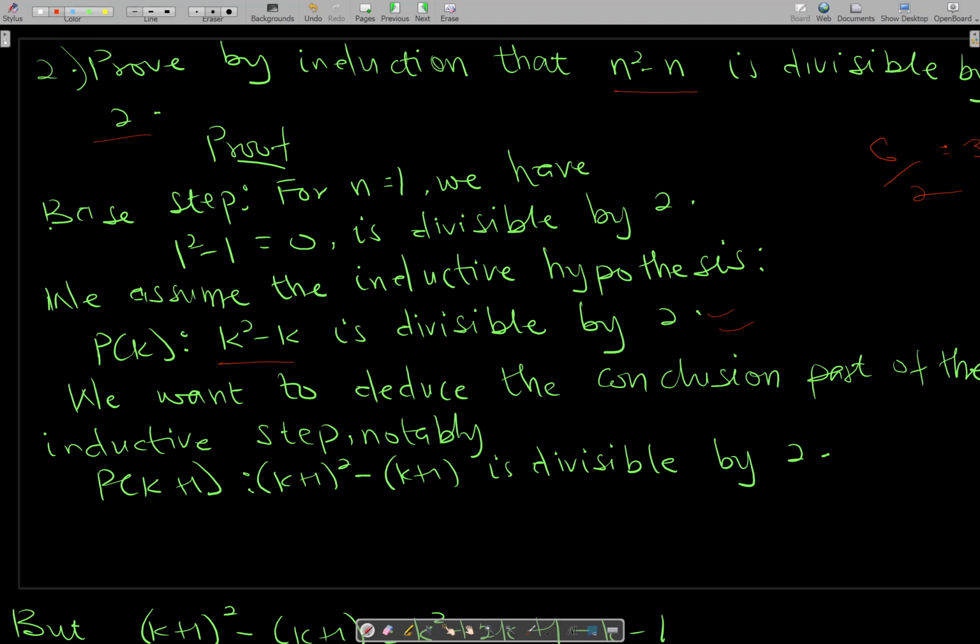So you just replace k by k plus 1. Therefore our P of k plus 1 is given by k plus 1 all squared minus k plus 1, which is divisible by 2.